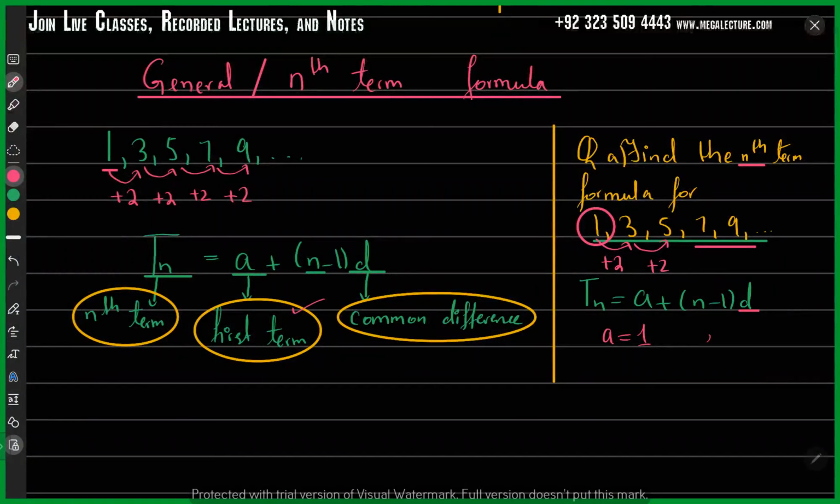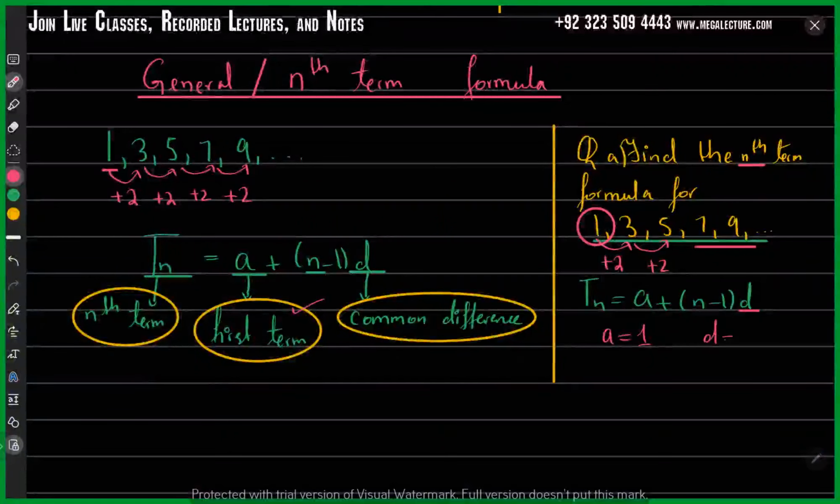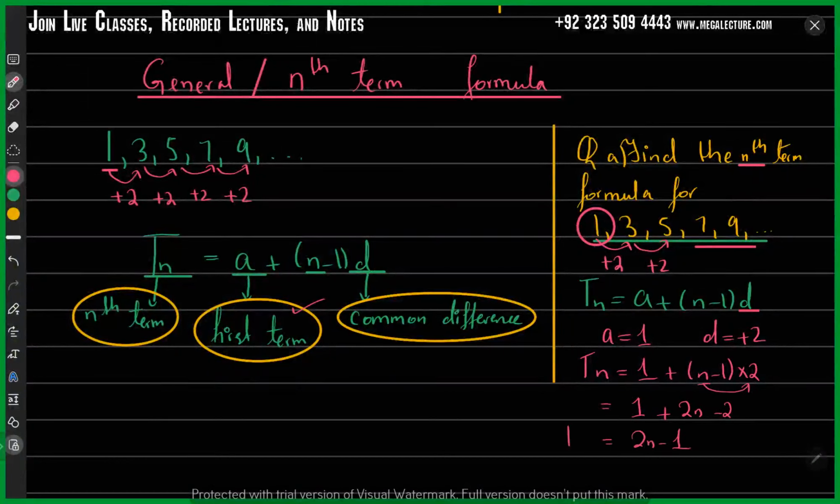So Tn is going to be 1 plus n minus 1 into d, that is 2, and upon simplification this would become 1 plus n multiplied by 2 would make it 2n minus 2, and this would give you 2n minus 1. So this is your nth term formula for this sequence specifically, right?